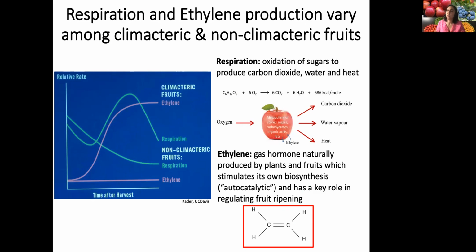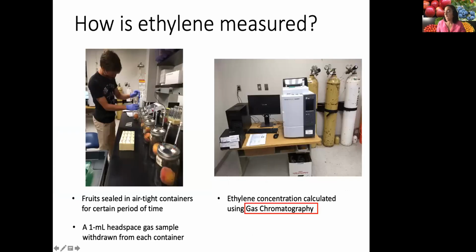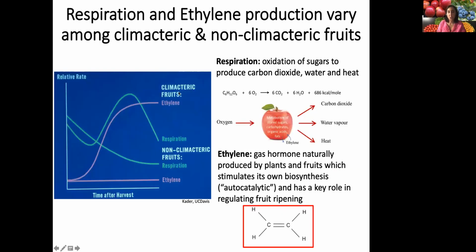And that's really what is shown in this graph here. When we are talking about climacteric fruits, the ones that can ripen after being harvested, generally what we see is that after harvesting, we have an increase in respiration, and we also have an increase in ethylene production rate due to this autocatalytic production. Okay, and this is what allows these fruits to be able to ripen after harvest.